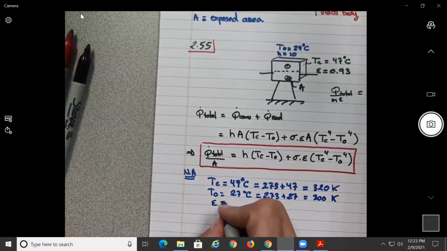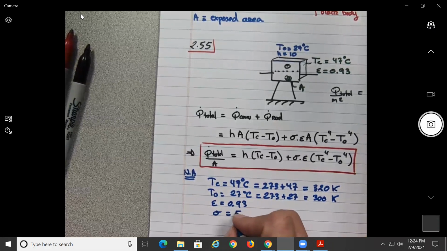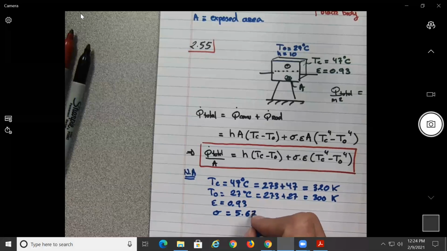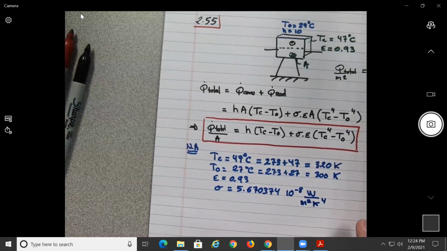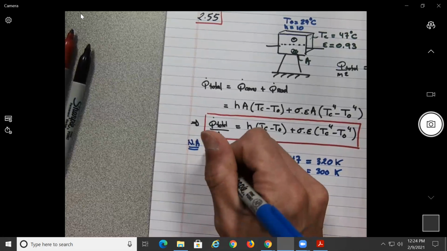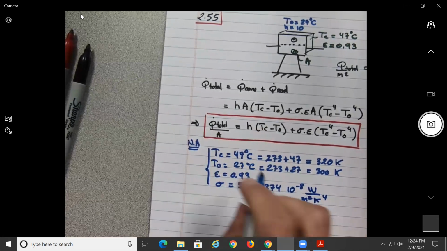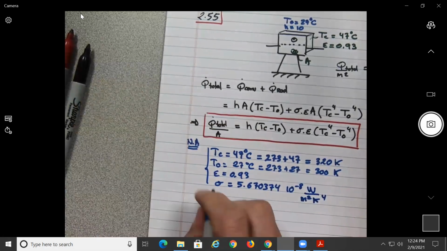The emissivity is 0.93, and the Stefan-Boltzmann constant is 5.670374 times 10 to the minus 8 watts per meter squared Kelvin to the fourth. So the units should be okay, no? All right, I'll put all the units here. So go ahead and do the calculation for me.